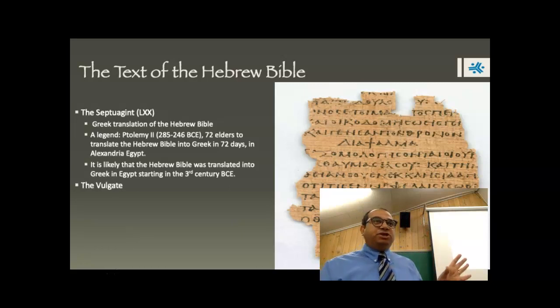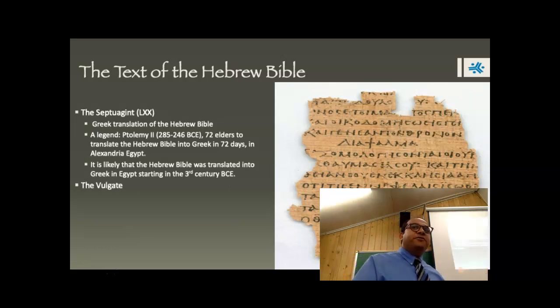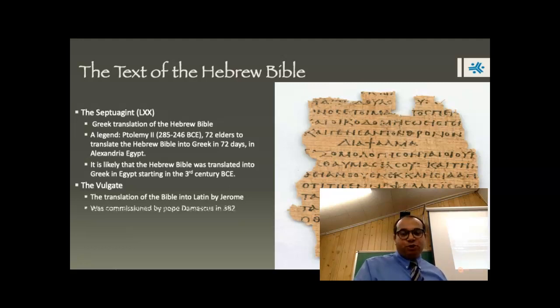That's the Greek translation. Then we have another textual witness, which is the Vulgate. It's the translation of the Bible into Latin by Saint Jerome. It was commissioned by Pope Damasus in 382 CE.